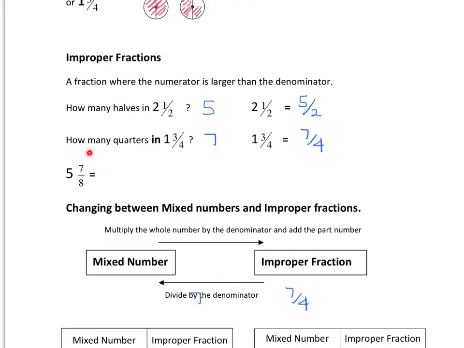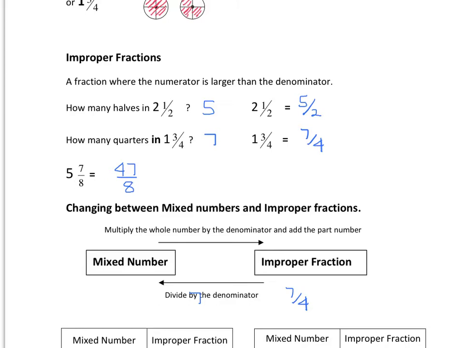There it is, 5 7/8 as a mixed number. 8 times 5 is 40, plus 7 is 47, so it becomes 47/8 as an improper fraction.